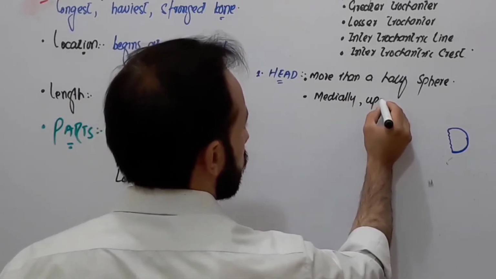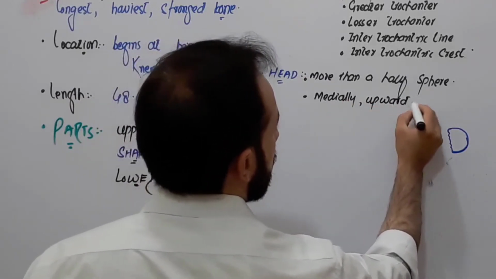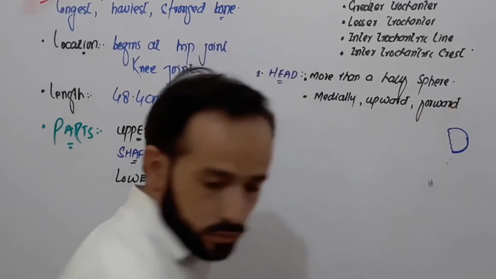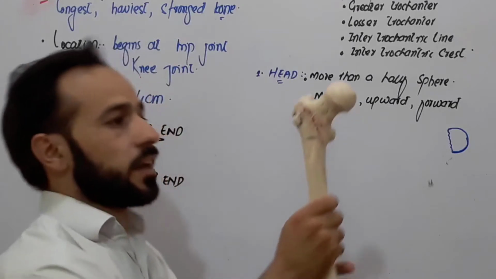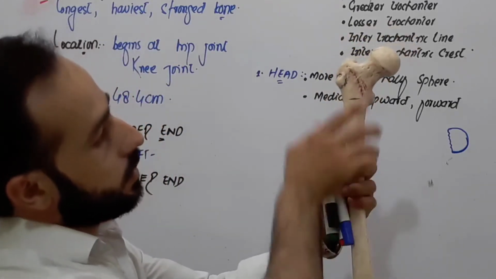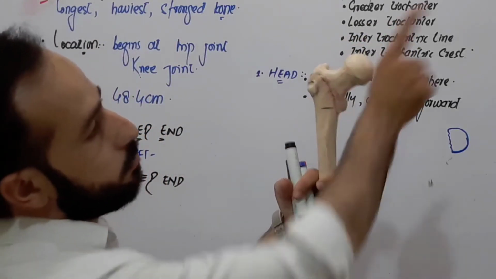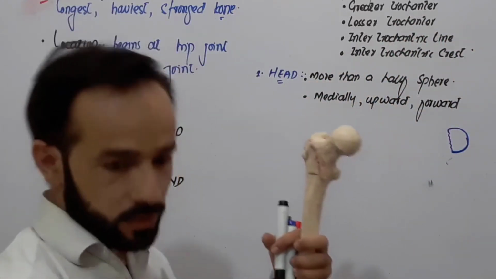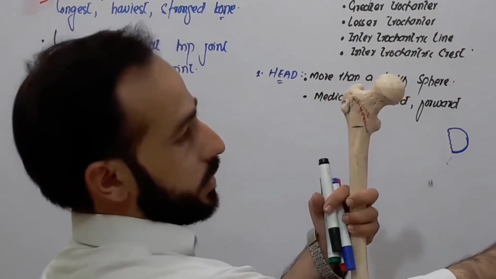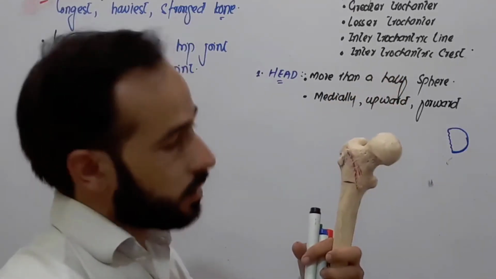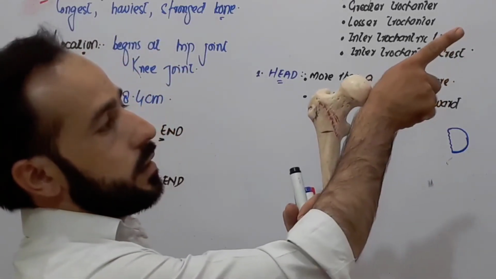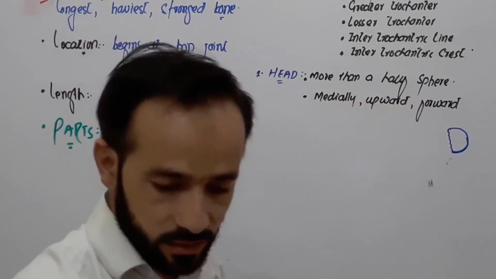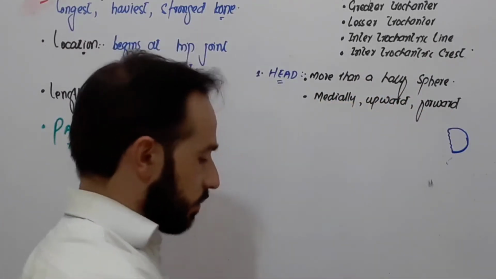Then the next point about it is that it is located medially, upward, you saw right now, and a little bit forward. So this is the exact location. Look carefully. The head is medially there. The head of the left femur will be also medially, right? Upward and a little bit forward. This is the exact location of the head of the femur.